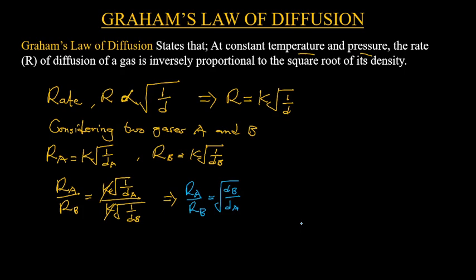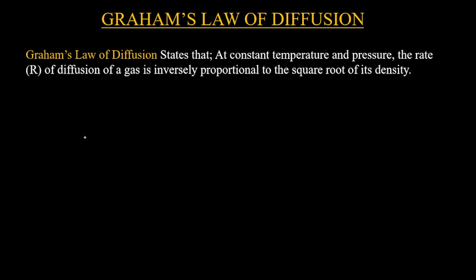So again, let's look at this. From Graham's law, we can say that the rate of diffusion of A to the rate of diffusion of B is equal to the square root of the density of B over the density of A. This is one.